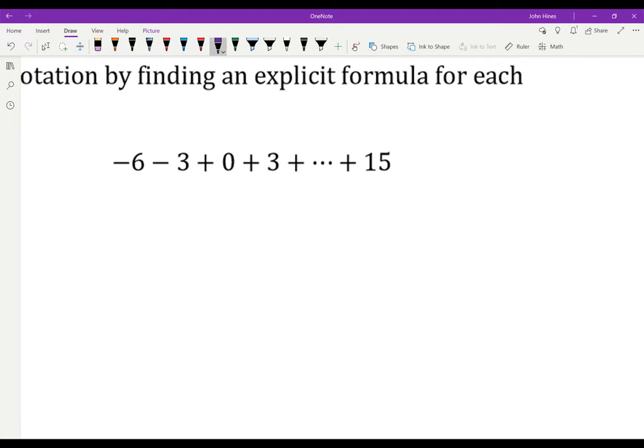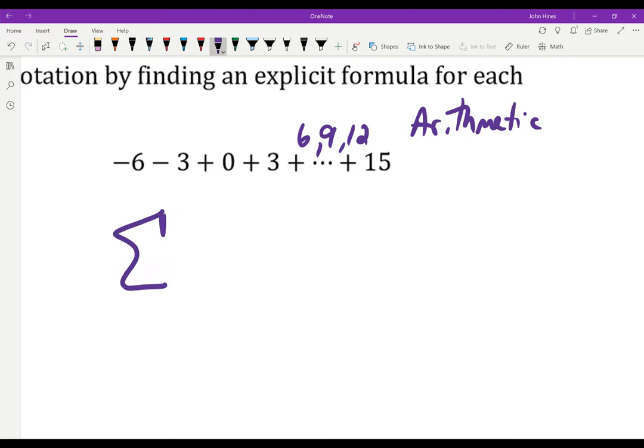Over here, looking at this pattern, -6, -3, 0, 3, 6, 9, 12, 15. So it looks like it's an arithmetic sequence. Isn't this an arithmetic sequence here? So we're finding the sum of -6, common difference of 3 times n minus 1.